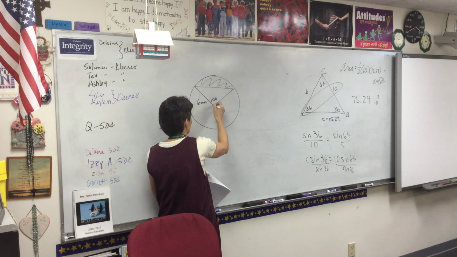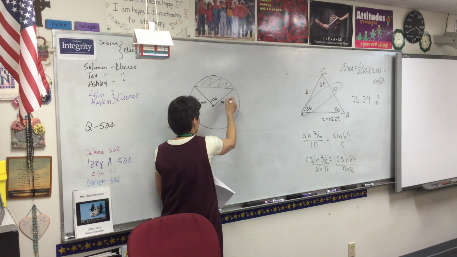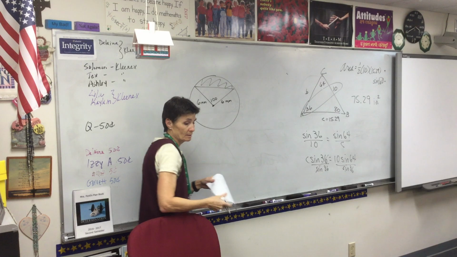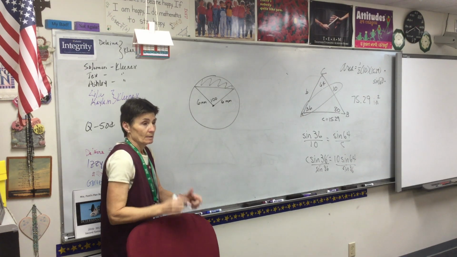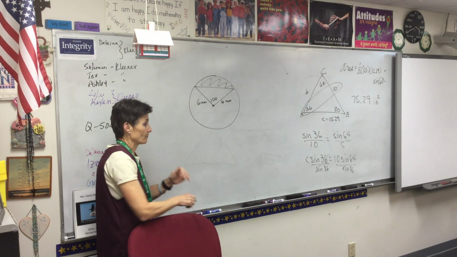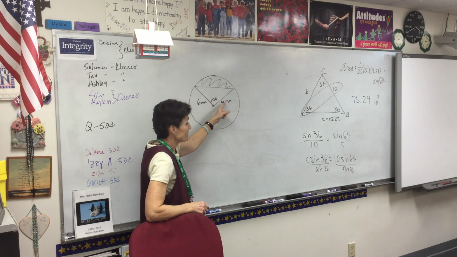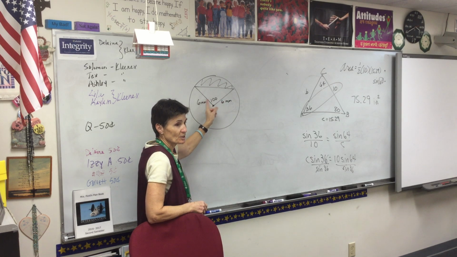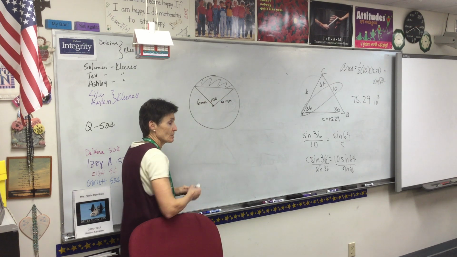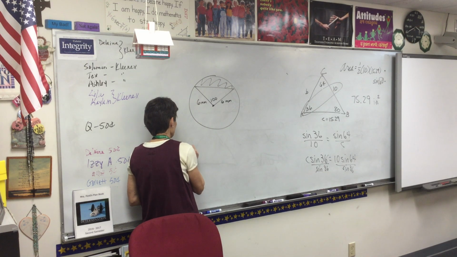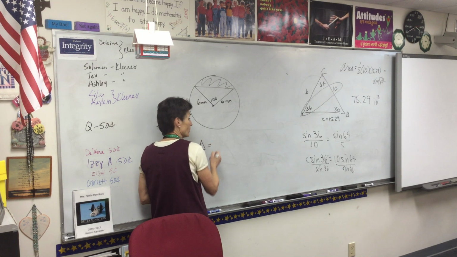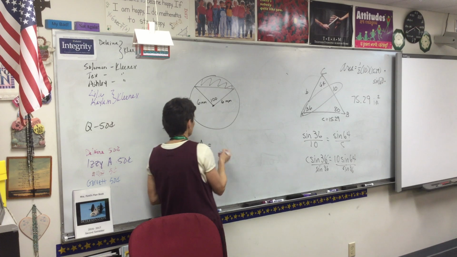Now, this is a circle, so obviously if that's 6, this is also 6, right? I am totally excited when I see this, because didn't we just talk about that? Yeah. So that would give me the area of the triangle, which is not the area I'm looking for. I'm going to go ahead and find it.